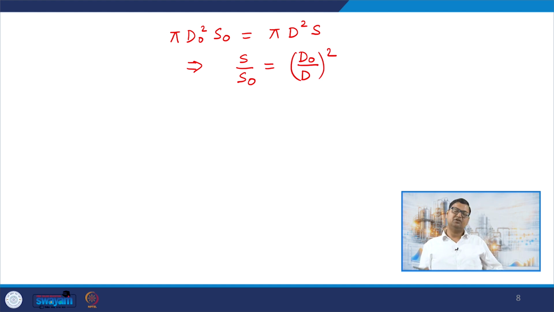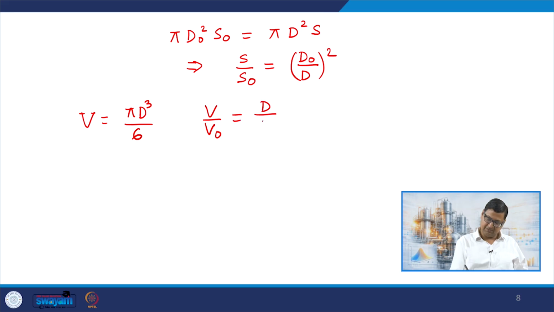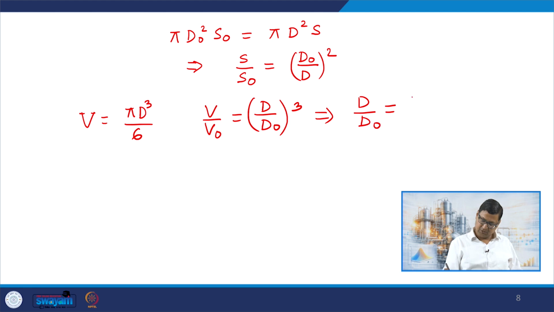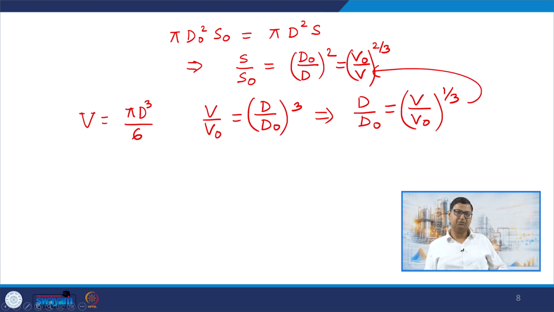And if I now look at the inner volume of the balloon, it is going to be pi d cube by 6, right? So v by v naught is d by d naught to the power cube, and that gives me d by d naught is equal to v by v naught to the power 1/3. If I plug it in there, s by s naught becomes v naught by v to the power 2/3. That is one relation that we can get from the mass balance.